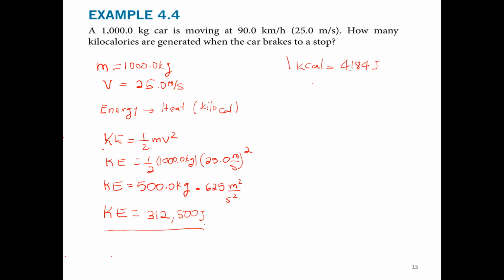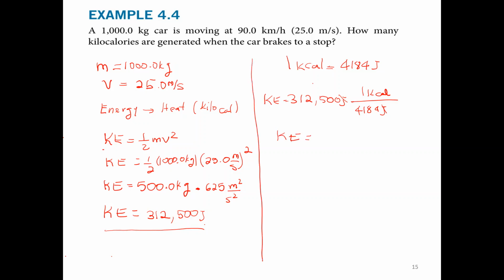Let's use this conversion factor to convert this into kilocalories. Then 4,184 joules times 1 kilocalorie, and we cancel out the joules. Let me write here the kinetic energy.